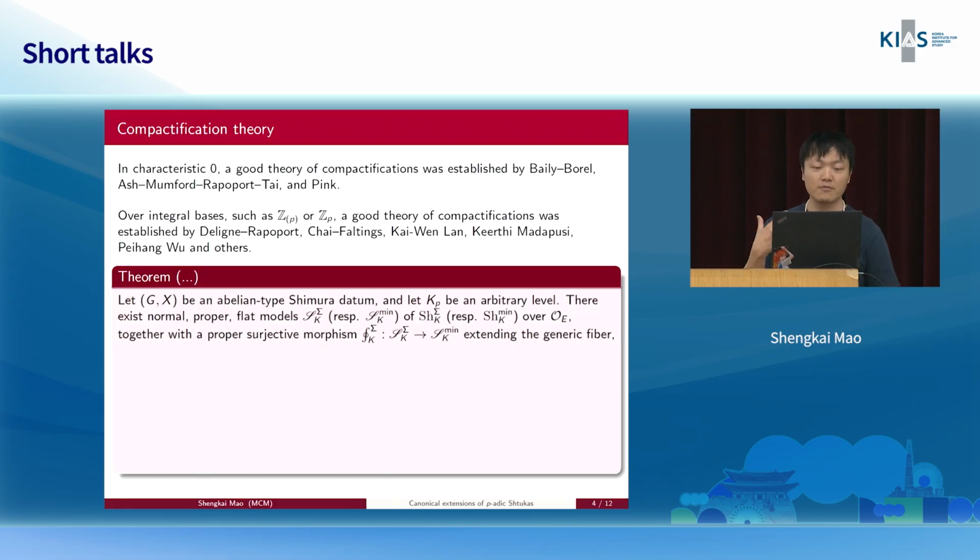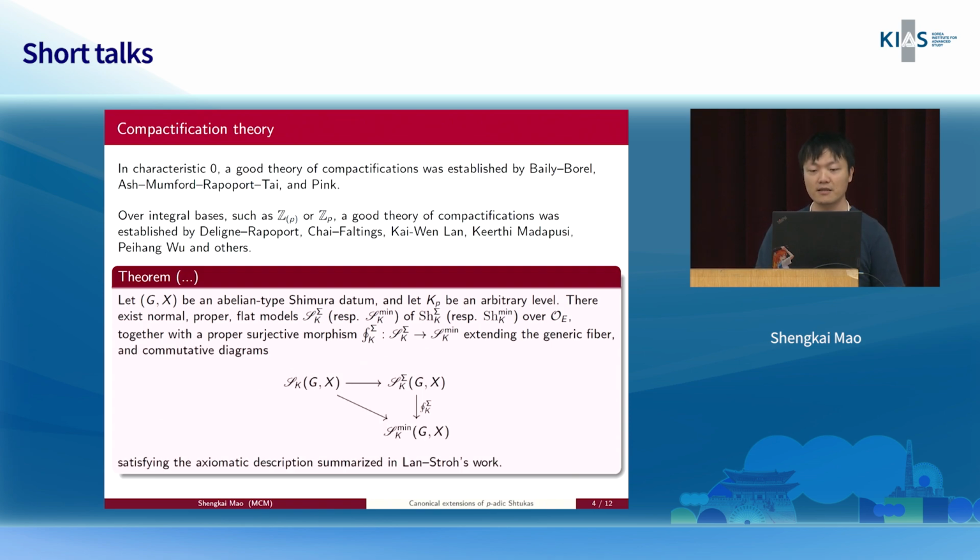To summarize some of the important properties, given (G,X) an abelian type Shimura datum, we take K to be an arbitrary level, and we do have normal proper flat integral models for toroidal compactification and minimal compactification over O_E. They contain S_K, the interior Shimura variety, as an open dense subscheme, and you can describe the boundary in a very satisfactory manner. So it has the axiomatic description summarizing Lan and Stroh's work.